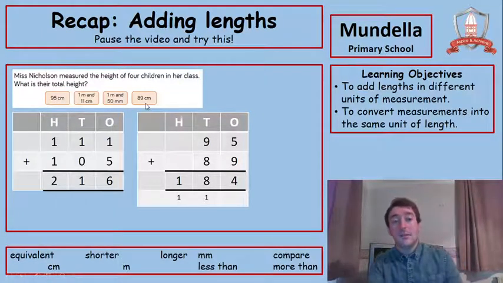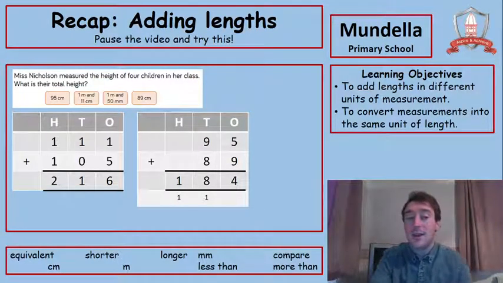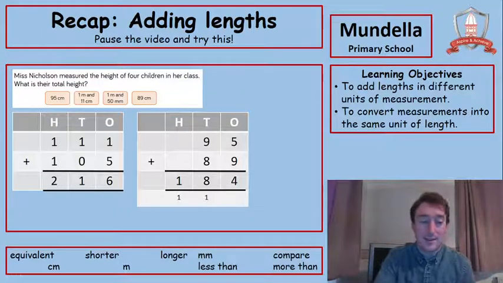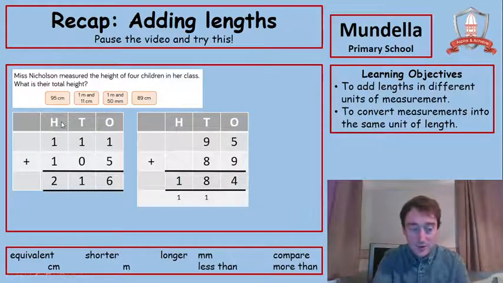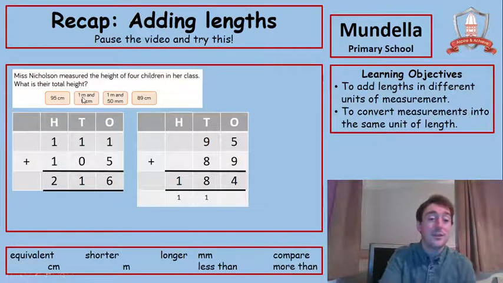What we're going to have to do is add them together using our column addition and then see what the total is. Okay, you might notice that we've got hundreds, tens and a ones column, and I've used those because I don't want to put anything in the wrong column, otherwise I'll get confused and I don't want to get confused. So let's have a look at this one.